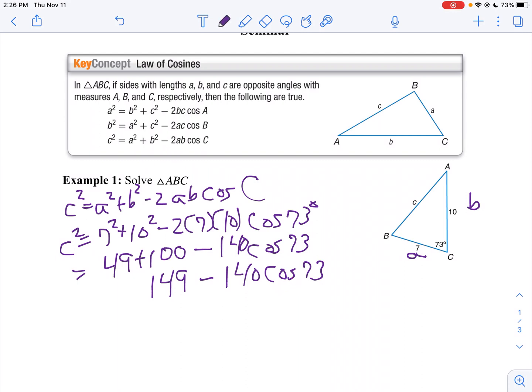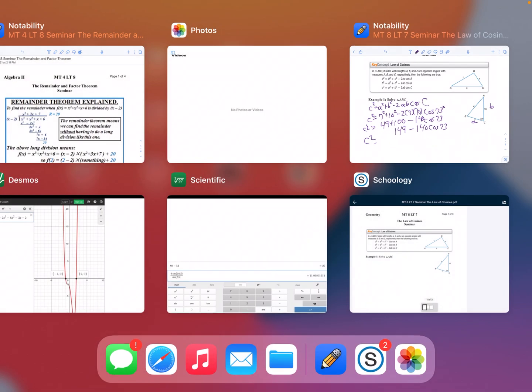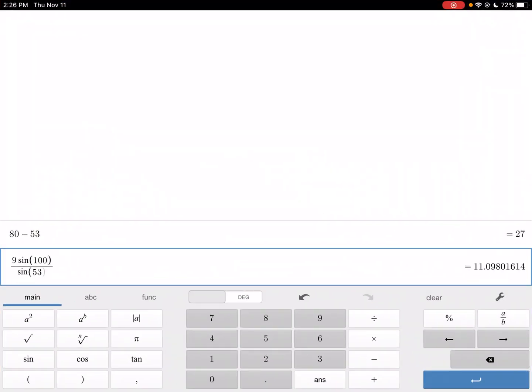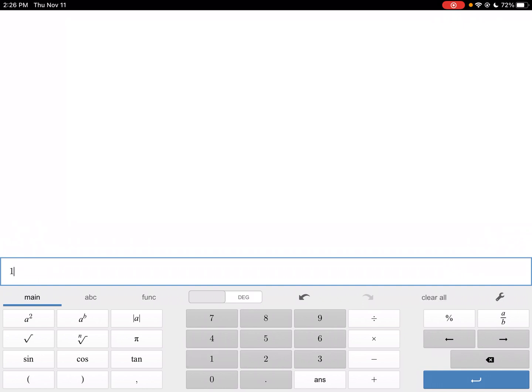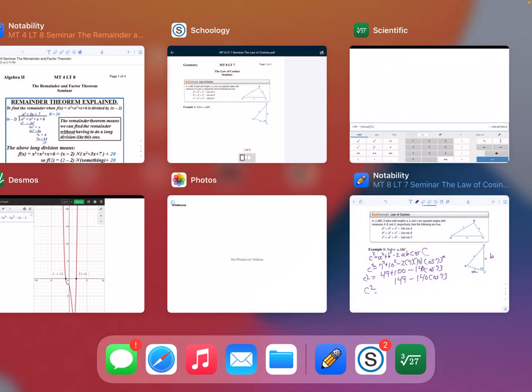So in other words, I'm just going to use my calculator at this point. So I'm going to get c squared equals 149 minus 140 times the cosine of 73 degrees. I'm going to go back to my problem just to make sure I don't have a mistake there.